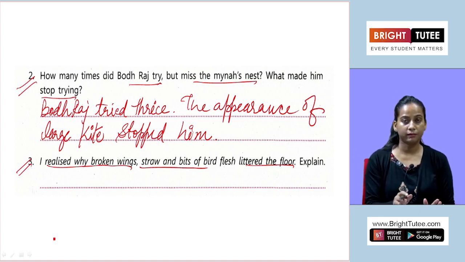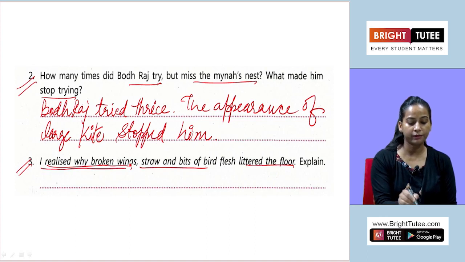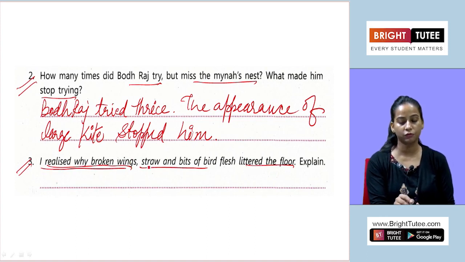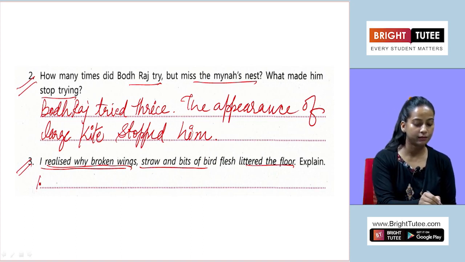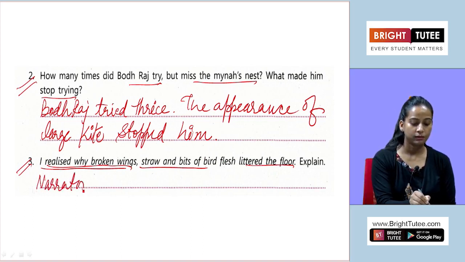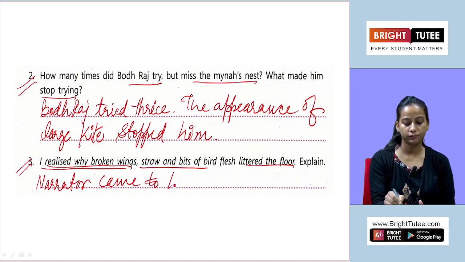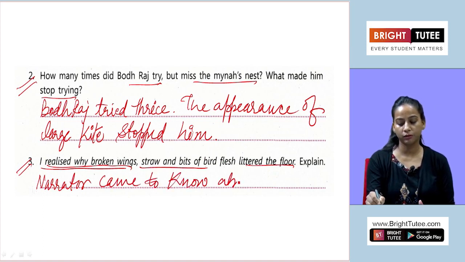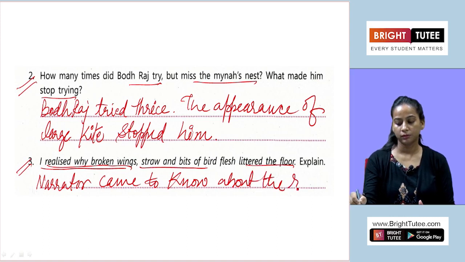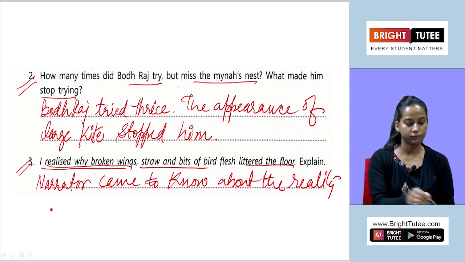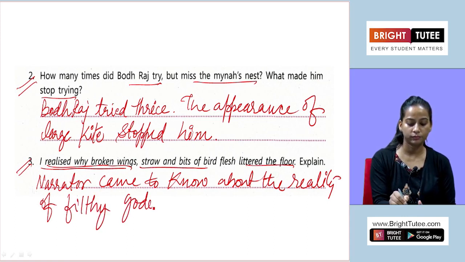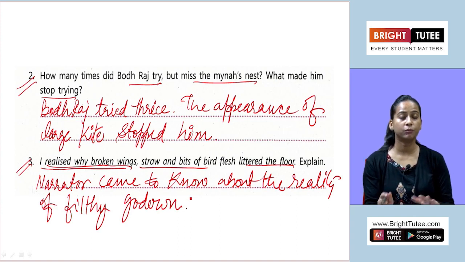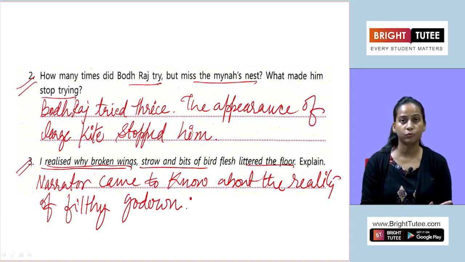When the narrator mentioned that he realized why broken wings, straw and bits of bird flesh littered the floor, it means the narrator came to know about the reality of this filthy godown, that it was due to that kite who used to come and kill the birds in the godown.